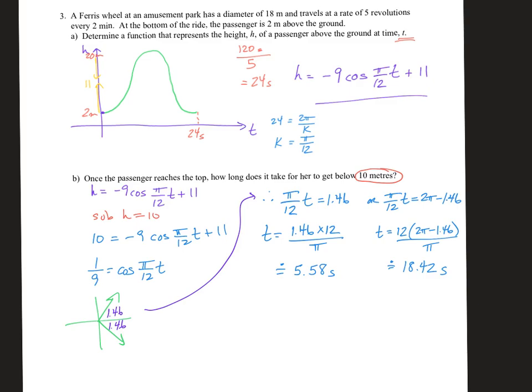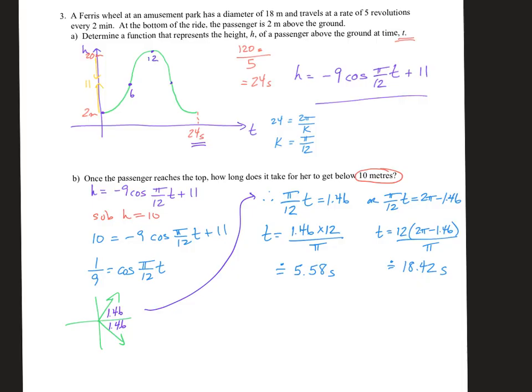If I went back up to my graph and I broke it up into its quarters, if the full period took 24 seconds, then each quarter has to take 6 seconds. So for me to go from the bottom up to the middle is going to take 6 seconds. The middle to the top will take another 6 seconds.